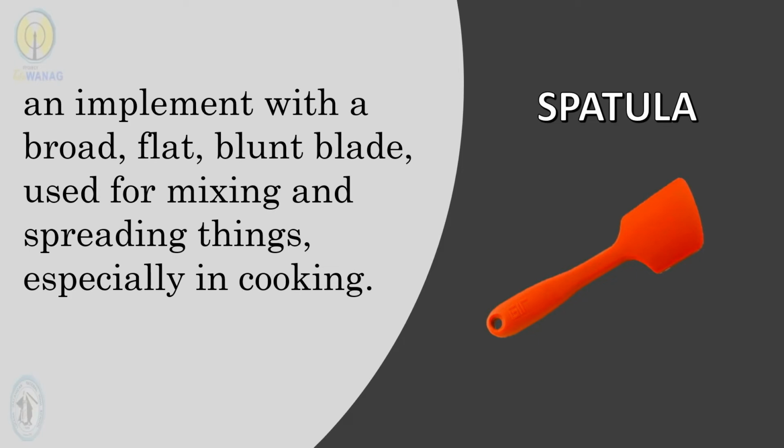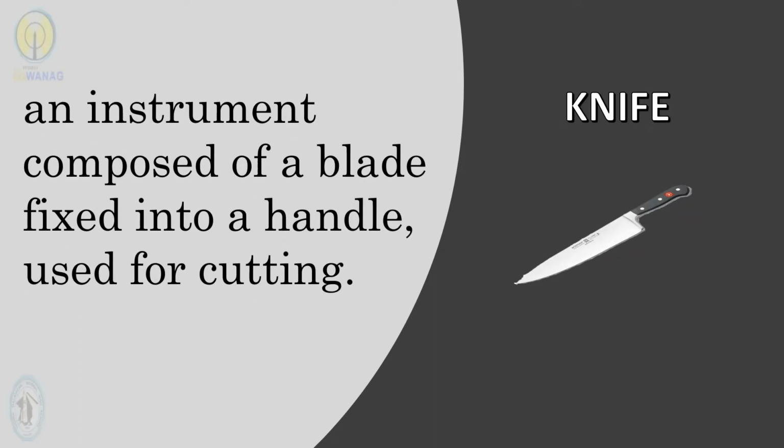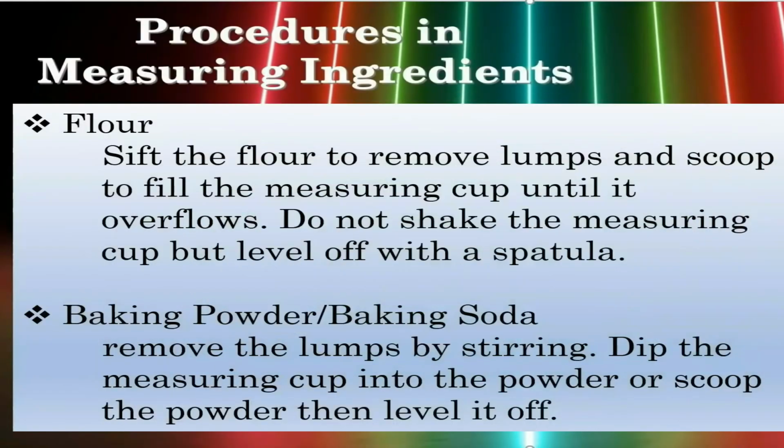And the spatula, an implement with a broad, flat, blunt blade used for mixing and spreading things, especially in cooking. And a knife. It is an instrument composed of a blade fixed into a handle, used for cutting.